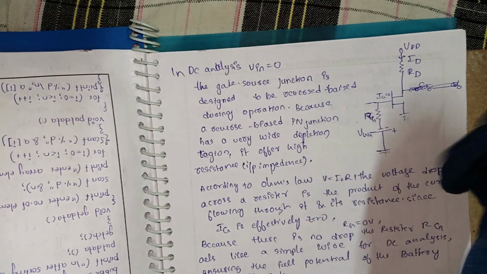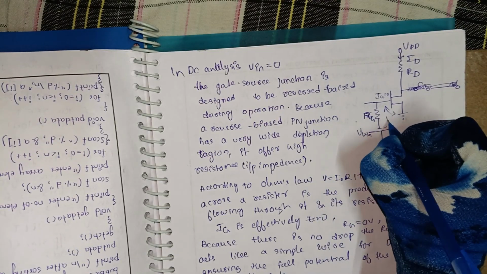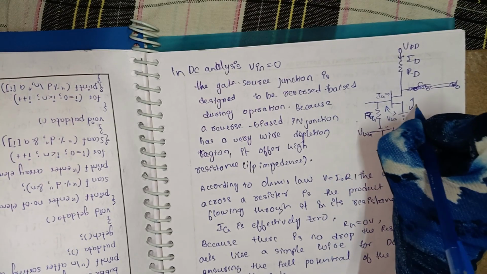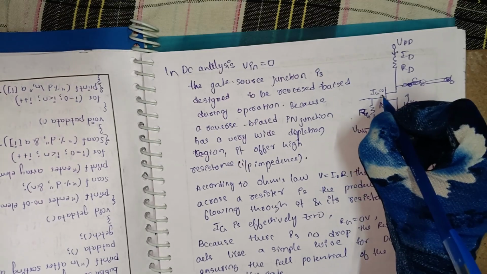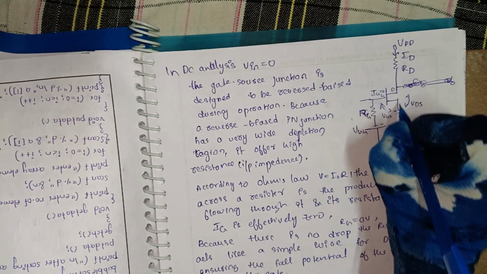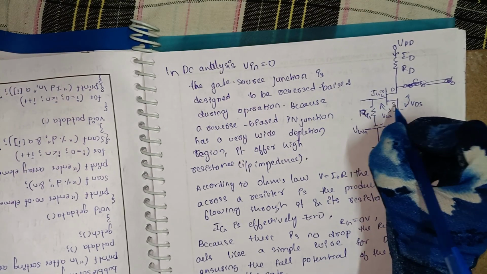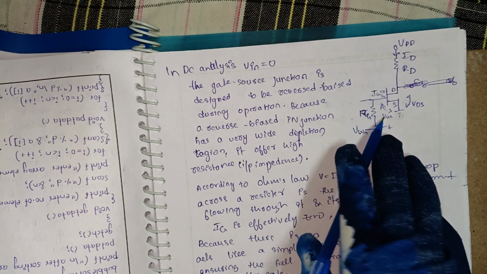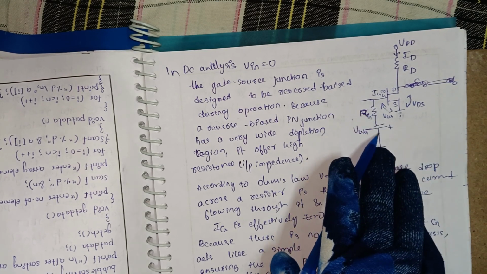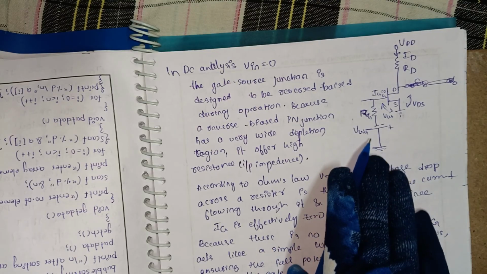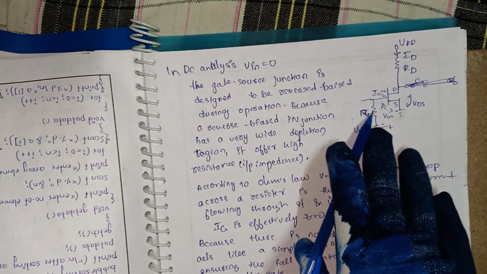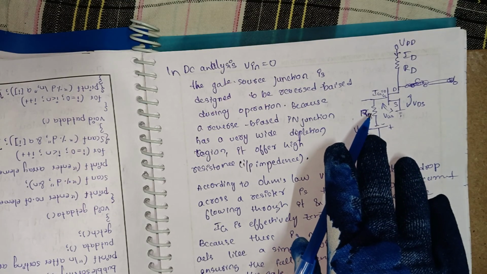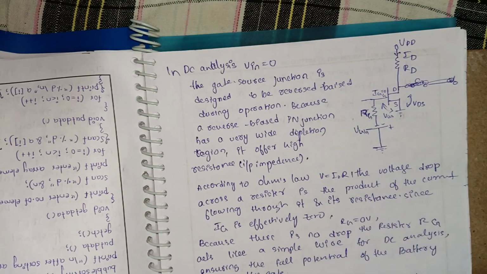So here is the VGS, here is the VDS, and here is the gate, here drain, and here source. So this VGS voltage sits exactly at the potential of VGG, because there is no potential drop at the resistor RG.